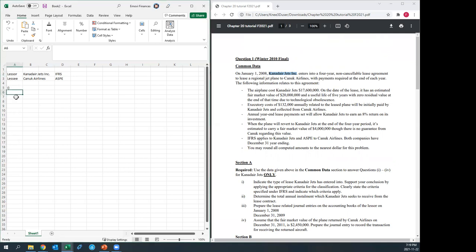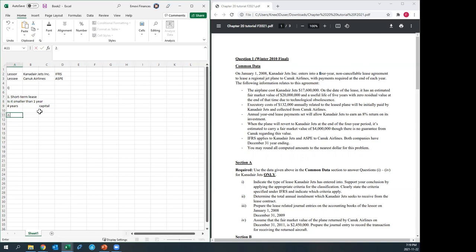So first, we're going to look for the short-term lease. So is it smaller than 1 year? So here, they say that the lease is for 4 years, so it's bigger. So that means that it's going to be a capital lease.